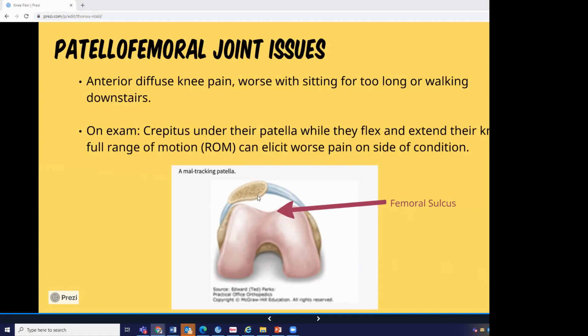Now, if this is slightly pushed to one side, then you lose that bigger area, and the forces of movement, walking downstairs, squatting, get concentrated in a smaller area around the femur. Tracking patella is really what we explain to them, and just strengthening of the muscles.